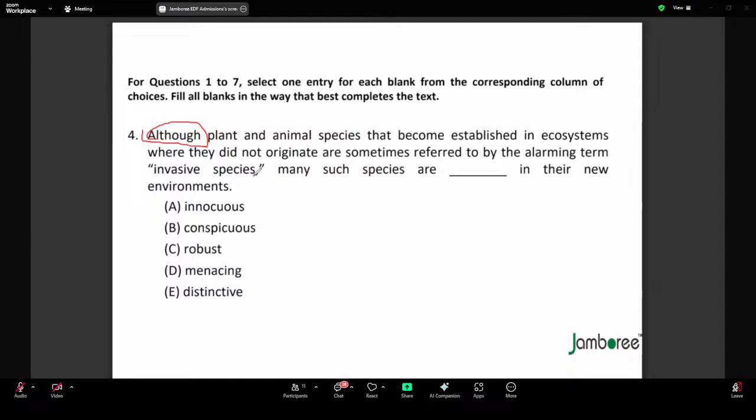Although the plant and animal species have become established in an ecosystem where they did not originate, they are sometimes referred to as alarming invasive species. Something is a pest, something will be very destructive. Many such species are in their new environment. That means, although, so if there's an although and then a comma here, this must be positive.